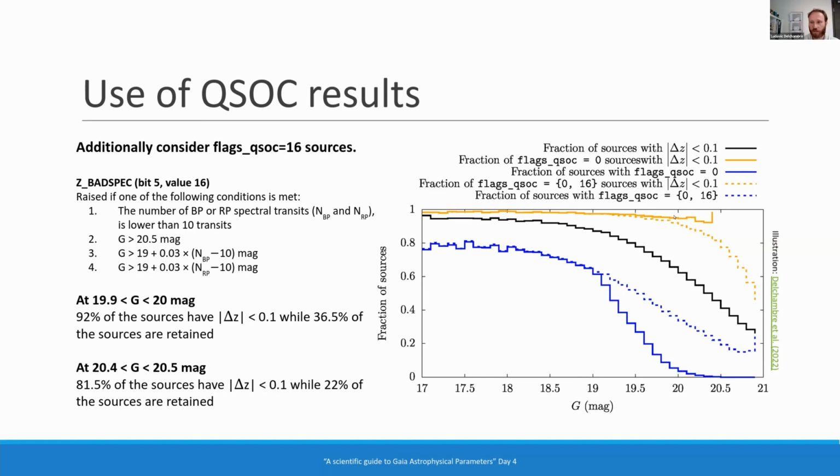While if we look at both kinds of flags, 0 and 16, roughly 80% of the sources still have a good prediction. And this concerns one source out of 5, so 20%, in this magnitude range.